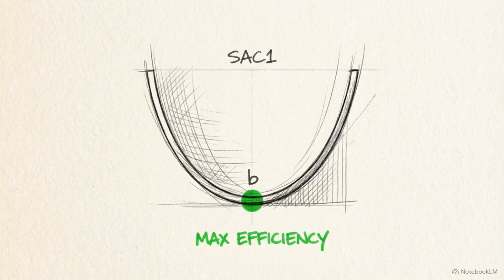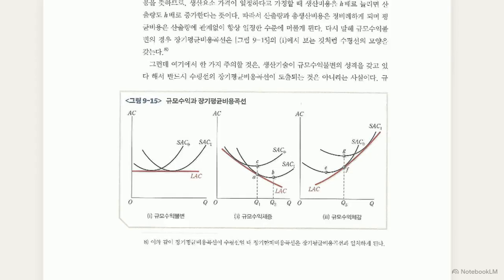We can examine how a firm behaves here by isolating a single factory size, represented by the curve SAC1. Point B represents the absolute minimum cost for this specific factory. At this point, the facility is running at its maximum technical efficiency. When targeting an output of Q1, the firm bypasses point B entirely.